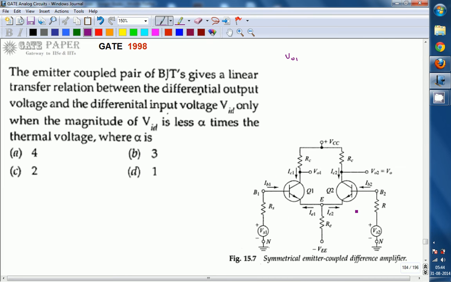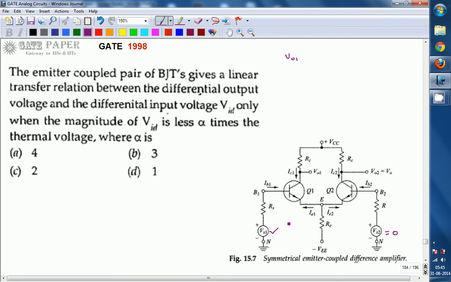A differential amplifier always amplifies the difference between the two inputs. For example, VS2 is equal to 0 and VS1 is applied. So the input at one side is applied, the other side is grounded, so the difference is the same as VS1. Now VID is equal to VS1.